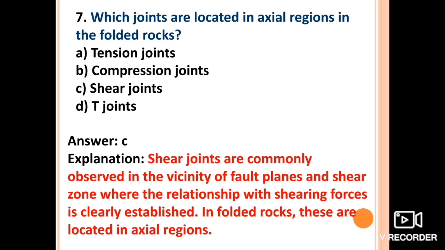Okay, so they may disturb you if you are not confident of your answer. So you must know the basics as well as the key terms about the factors. So here the option is C, shear joints.